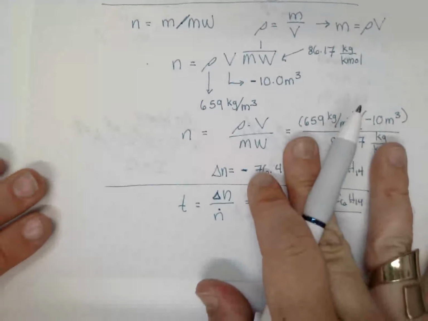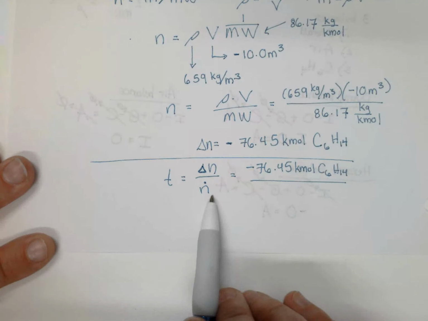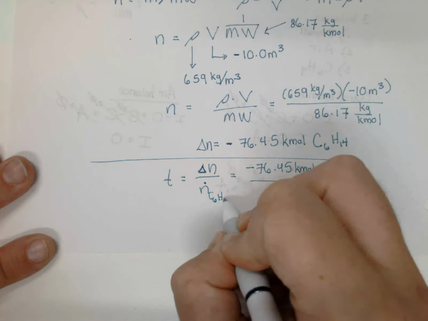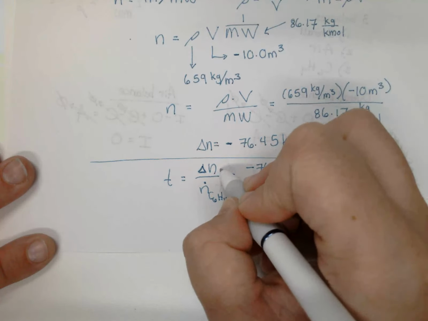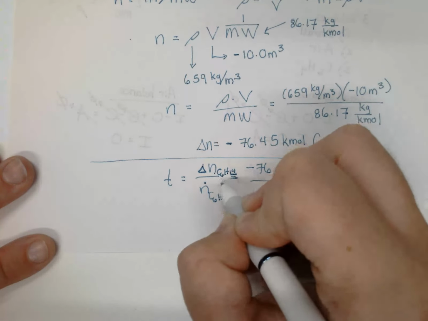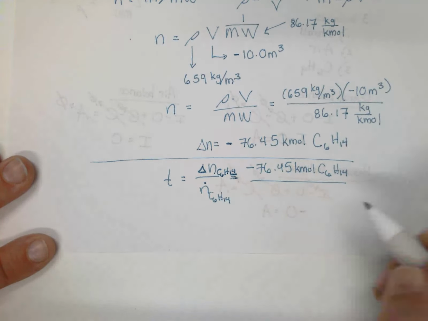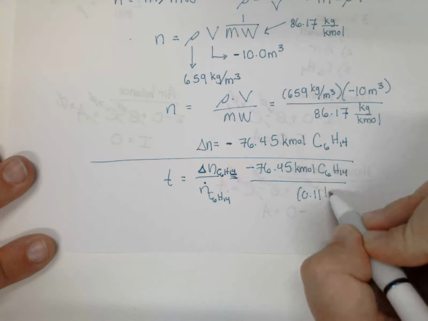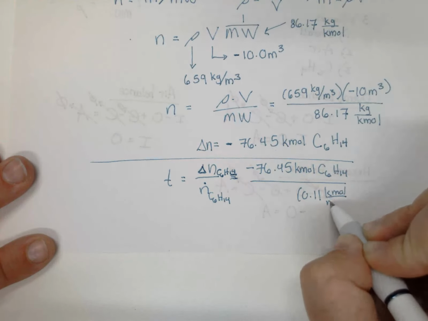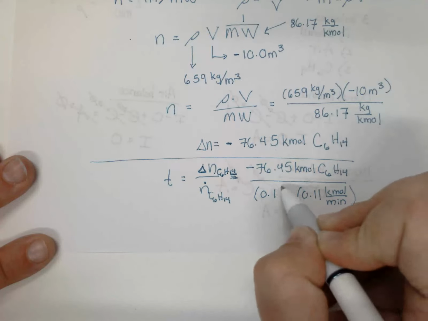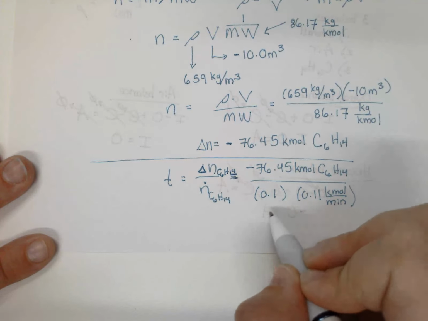So this N down here also has to be related to hexane, C6H14. They both have to be related to that compound. And you can see why putting in the chemical formula starts to make it really hard to see everything. So instead of multiplying by 0.11 kilomoles per minute, that's the total flow. We need to think about what is actually related to hexane, and that's the 10% that's coming out of the system. So let's go back to our flow diagram.